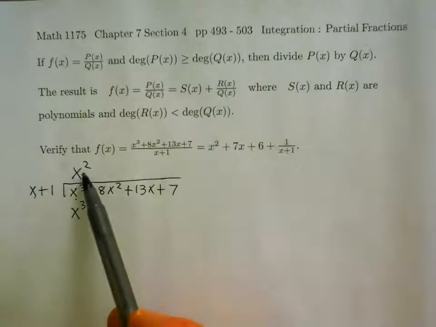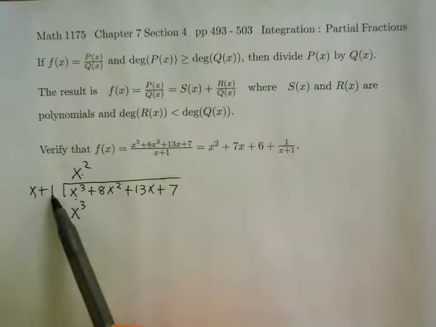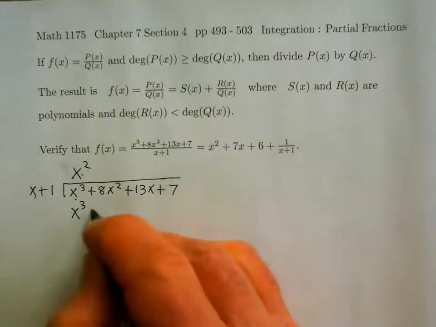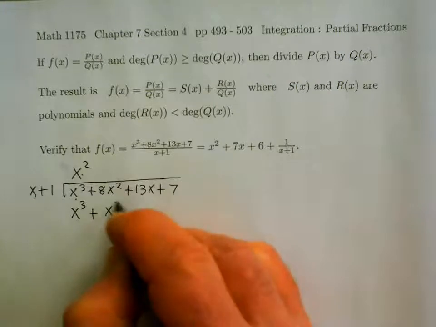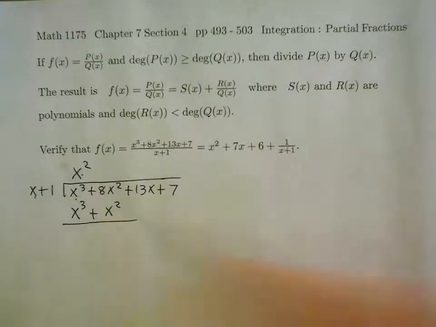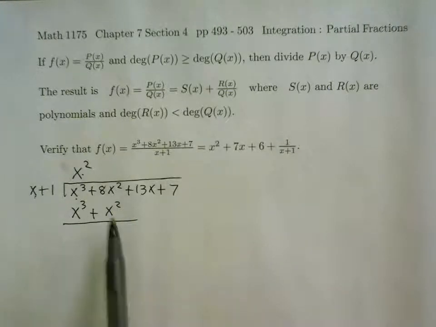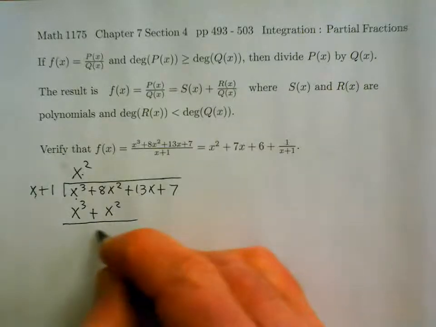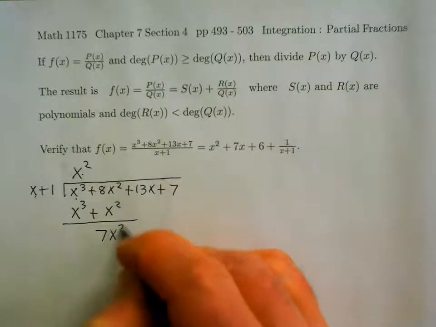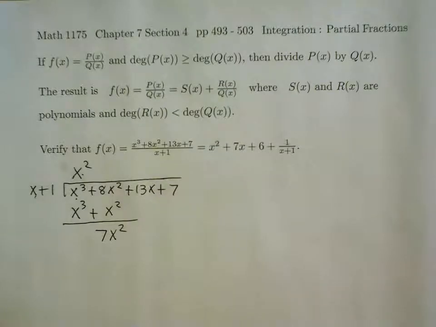And then x to the second times 1 is 1x squared. So we write plus x squared. Then we subtract. X to the third minus x to the third is 0. 8x to the second minus x to the second is 7x to the second. And then we start the cycle over again.